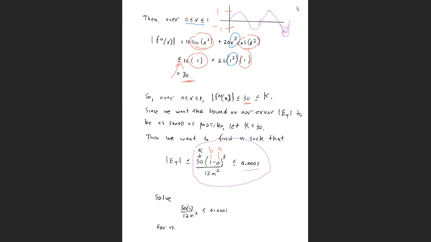This E of t is equal to the trapezoidal rule based on n subintervals minus the integral from 0 to 1 of 5 times the cosine of x squared dx. That's what that means.